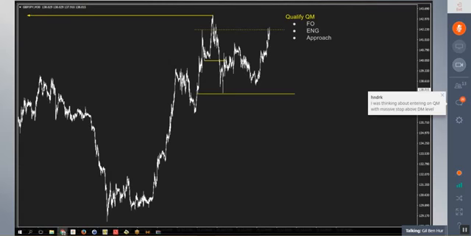When we work on this level, we want to classify our QM. We want to ask all the questions about whether this Quasimodo is qualified.